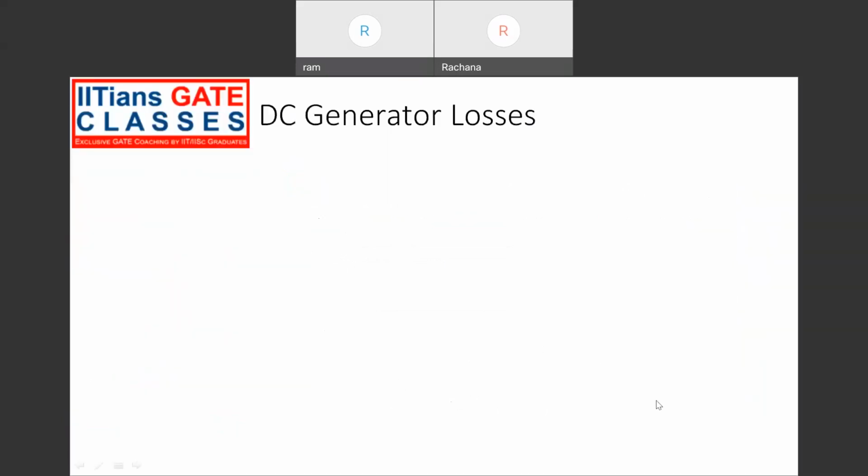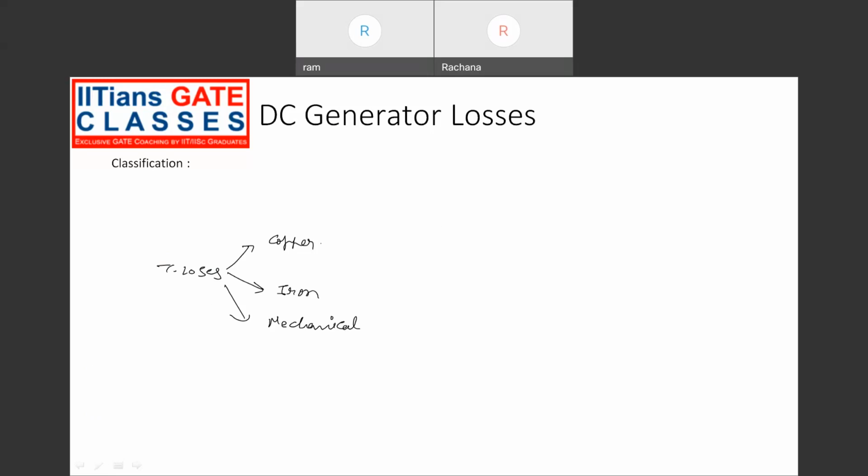So the next topic is DC generator losses. The basic classification of DC generator losses is, let's say, total losses. DC machine losses can be classified into three types. One is copper loss, the other one is the iron loss, and mechanical loss.